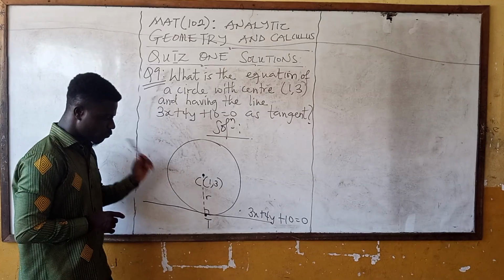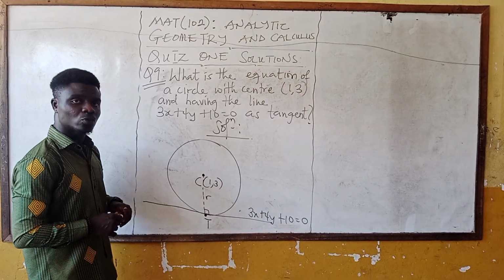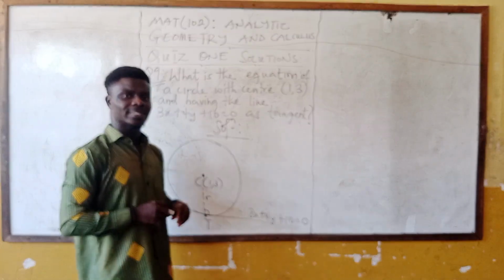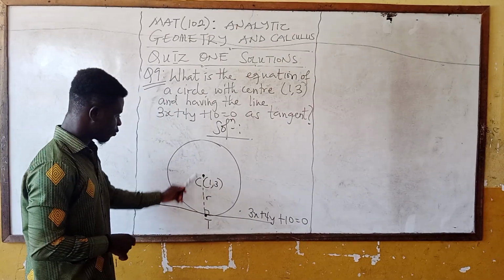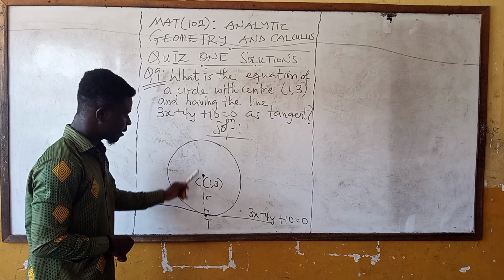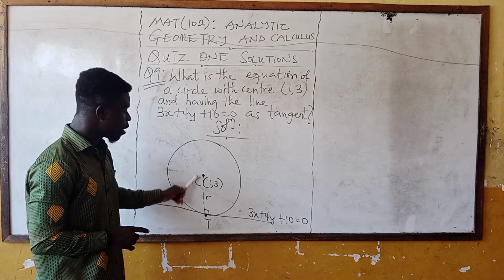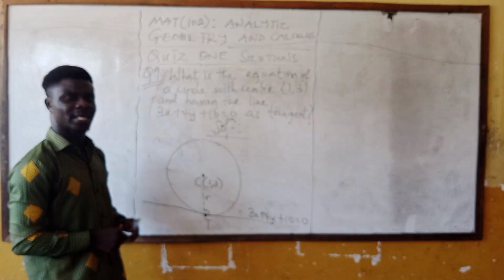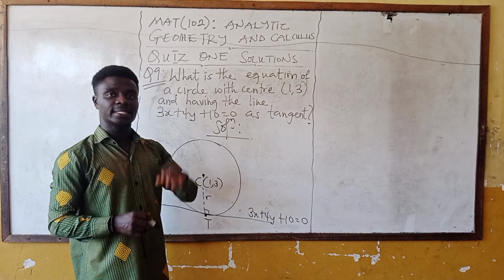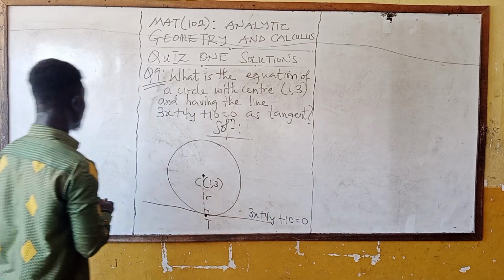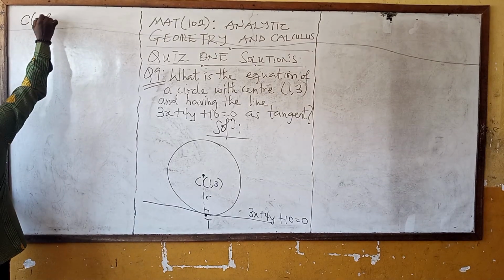Now, let's recall how to find the perpendicular distance from a point to a line. This one is the point, and this one is the line. So we have to find the perpendicular distance of a point to a line. You can see that you get the radius. So now let's see. I have my point C, which is (1, 3).